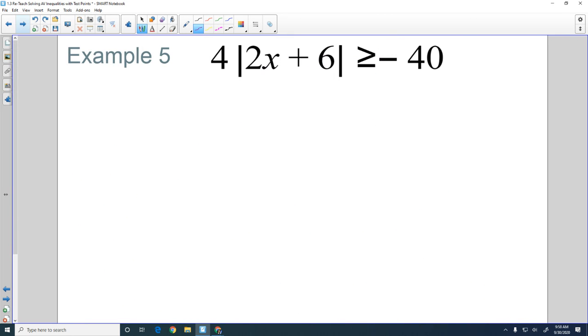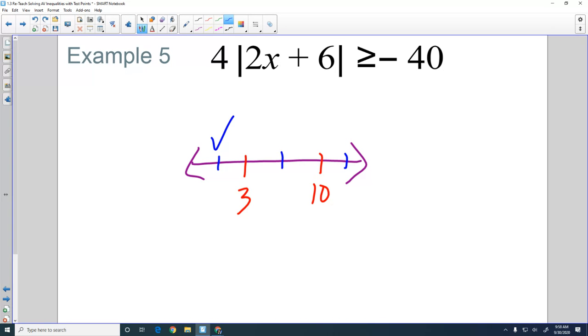All right, the last scenario, we don't have time to go through this whole problem, but here's what would happen. We're going to have our endpoints, right, for our two numbers. I don't remember what the numbers are for this one. Let's just say they're like, I don't know, 3 and 10. And we use our test points. And for this scenario, the test point to the left would work, the test point to the middle would work, and the test point to the right would work.